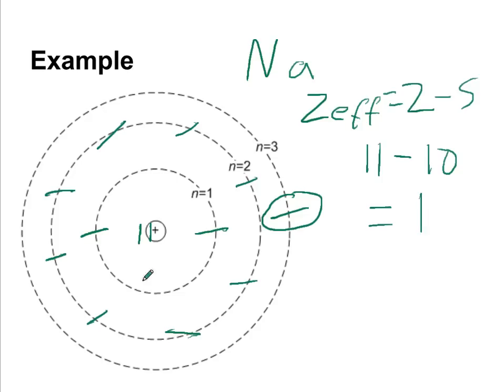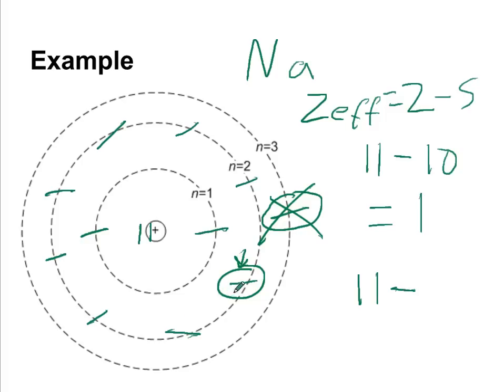We could also calculate the effective nuclear charge on an electron in the second energy level. So we're not going to look at this one anymore, we're going to look at this one. To calculate Z effective, it's still Z minus S. Our Z term, the atomic number, is still 11. There's 11 protons. But our S term changes. We have a different number of shielding electrons.